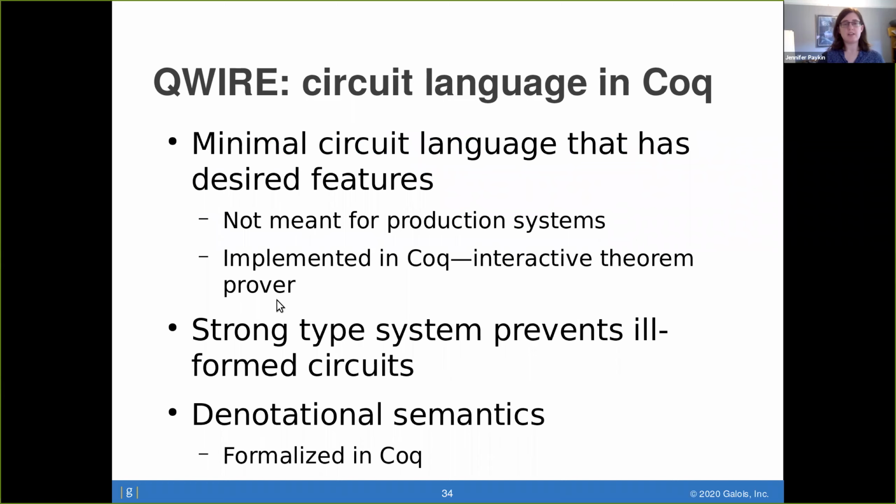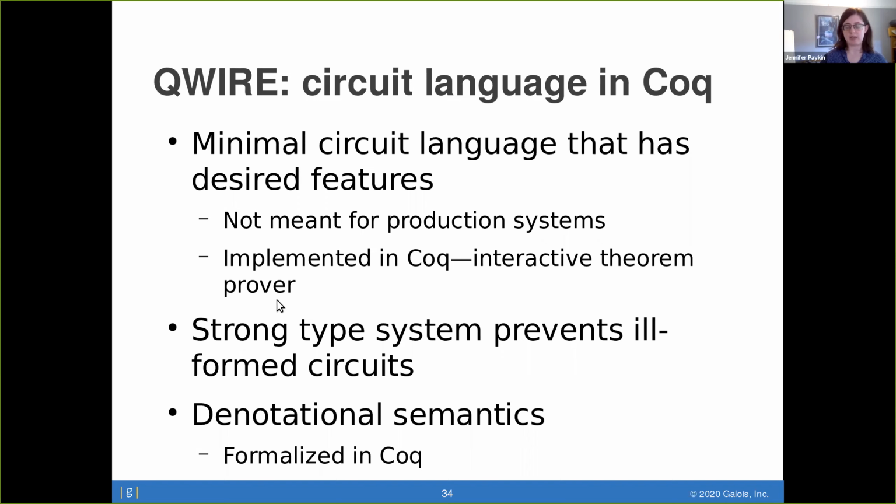I think some of the features that make QWIRE a good tool for this is that it is quite a small language. Its expressivity mostly comes from being embedded inside the Coq interactive theorem prover. But on the other hand, it's not really suitable for production systems.